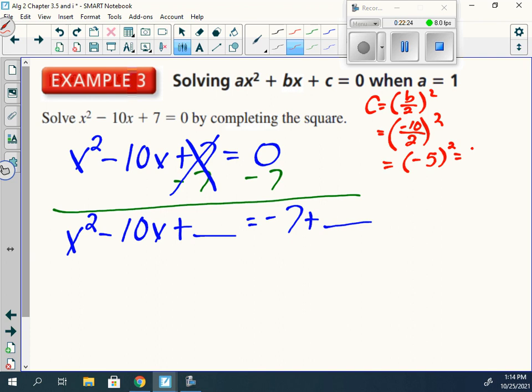And negative 5 squared is 25. So that tells us that x squared minus 10x plus 25 is a perfect square trinomial. However, if I add something to one side, we have to add it to the other side to keep everything balanced.